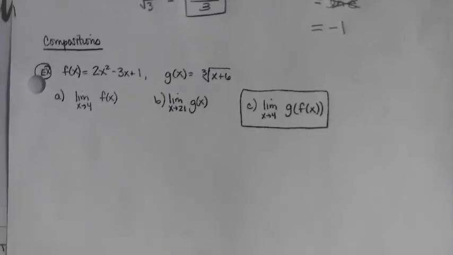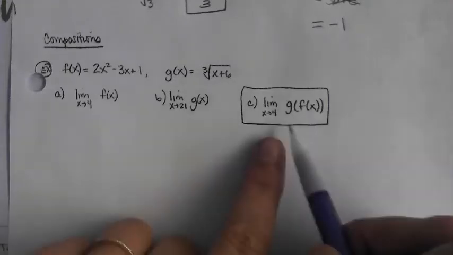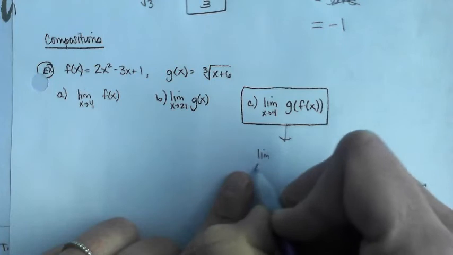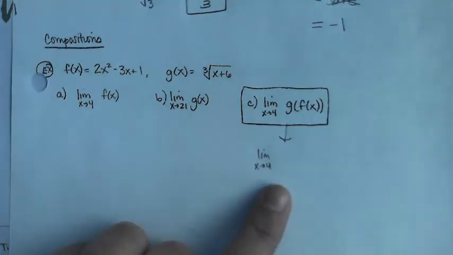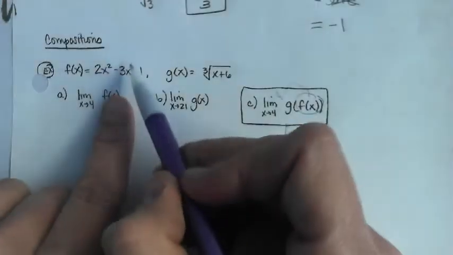And below this we have compositions, which came up in the PreCalc book, but not a ton of it. It kind of makes sense. If I just jump right to C, and I want the limit as x approaches 4 of g of f of x, that's taking the f of x function and plugging it into g.